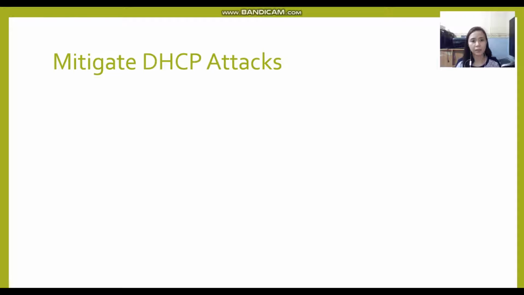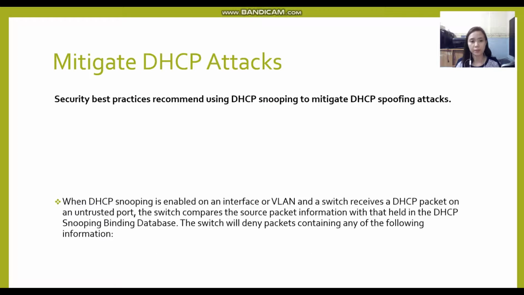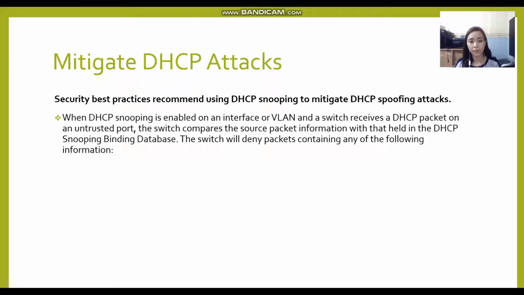To mitigate the DHCP attacks, security best practices recommend using DHCP snooping to mitigate DHCP spoofing attacks. When DHCP snooping is enabled on an interface or VLAN and the switch receives a DHCP packet on an untrusted port, the switch compares the source packet information with the information held in the DHCP snooping binding database.